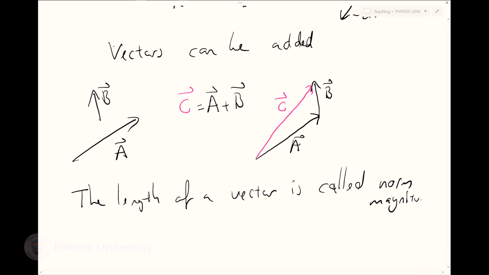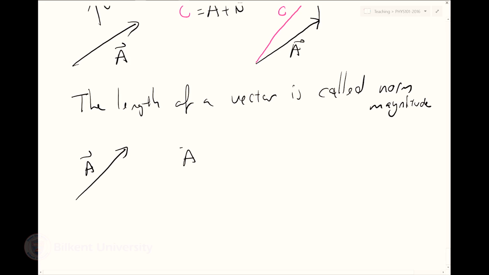And it's represented, so this is A. A magnitude is represented by putting A inside absolute value signs. This is just a number. So if it's equal to L, it means that from the starting point to the tip, the arrow thus has a length of L.